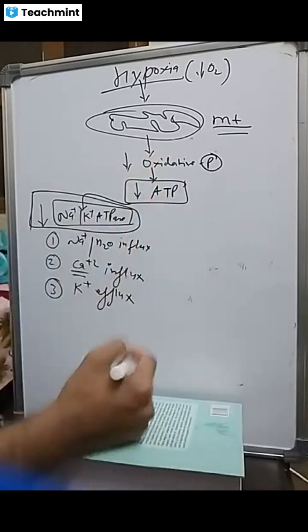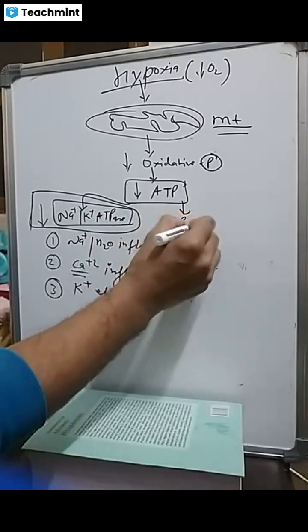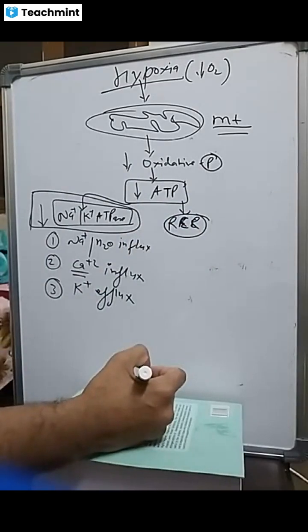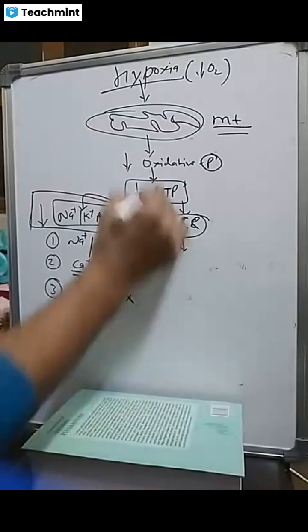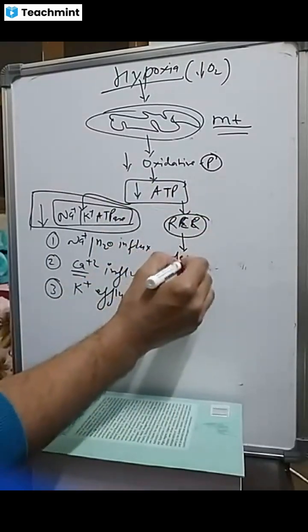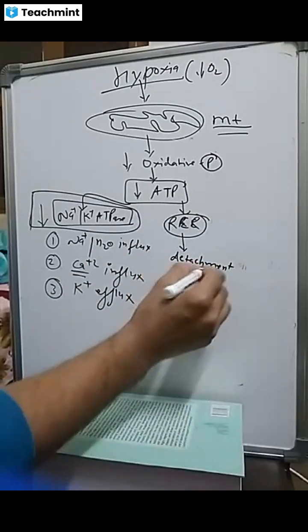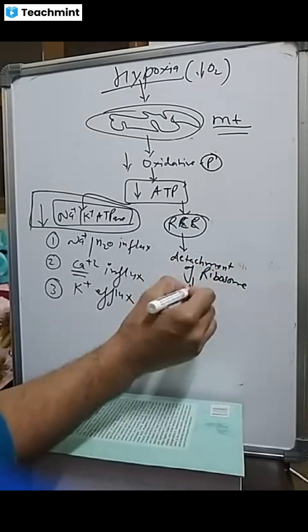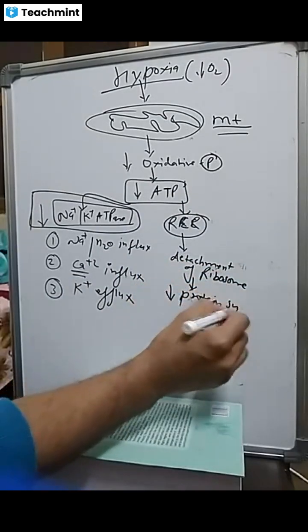Second, we have the rough endoplasmic reticulum. Because of less ATP, there will be detachment of ribosomes. If ribosomes detach, it will decrease protein synthesis.